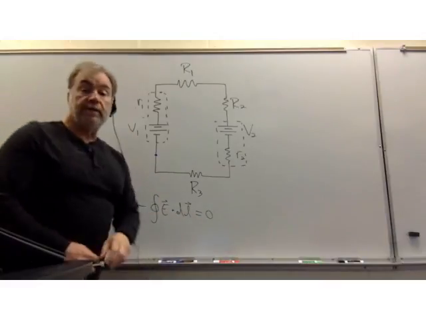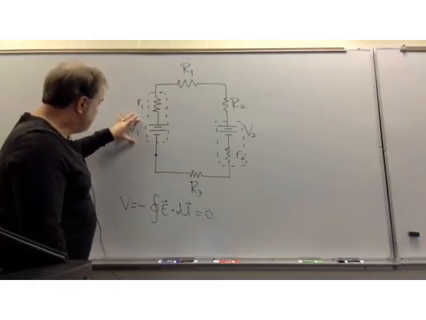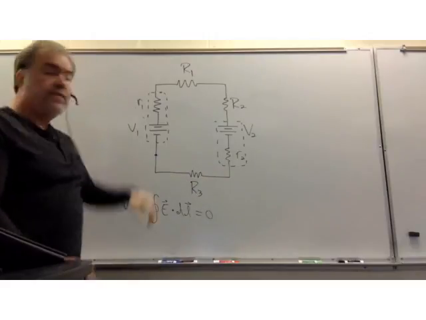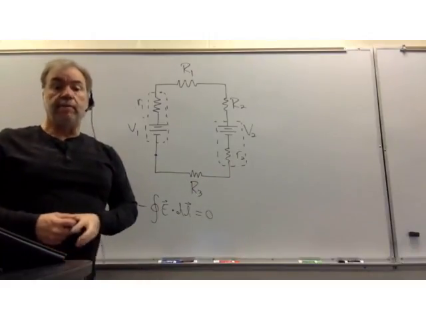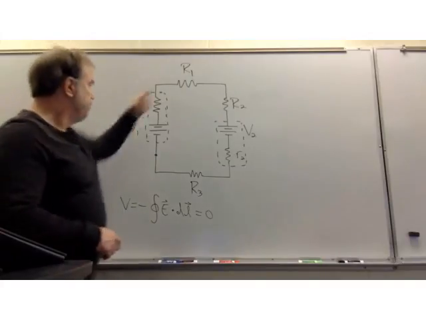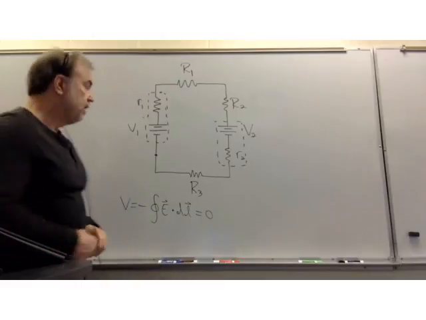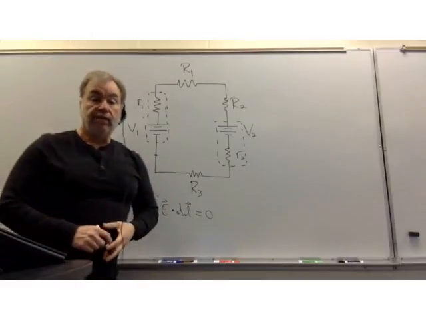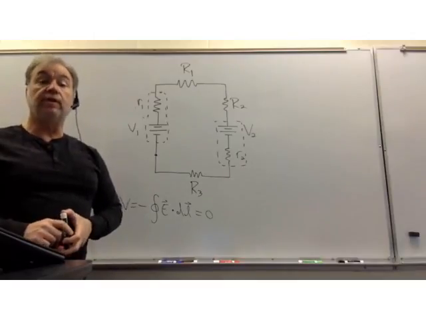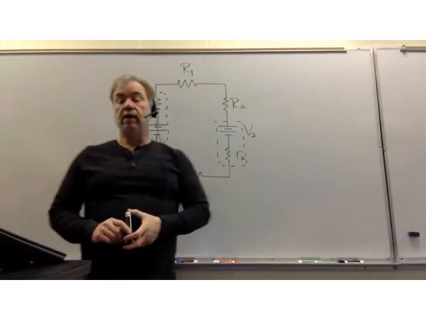So what that means as a practical matter is that if you add together this increase of potential plus all of these drops of potential, that sum must be equal to 0. In short, all of these changes of potential end up canceling. Okay, and I hope you recognize that that's just an application of the general concept of conservation of energy.